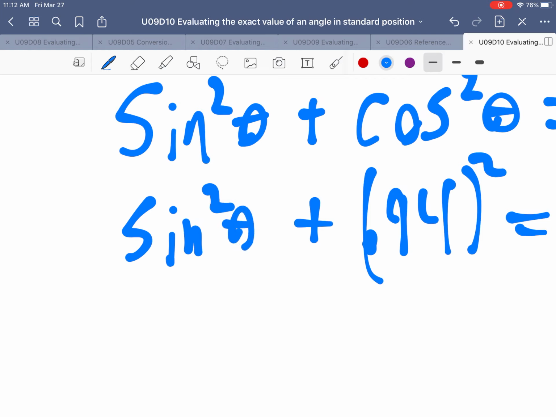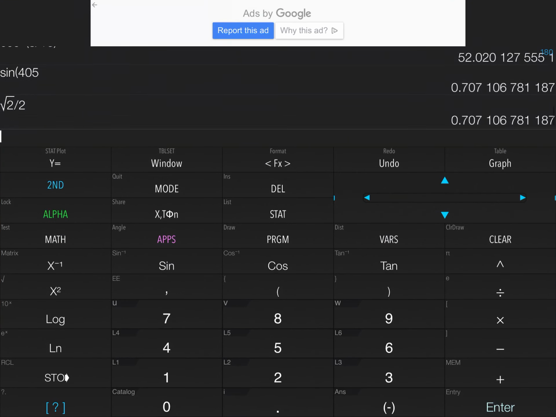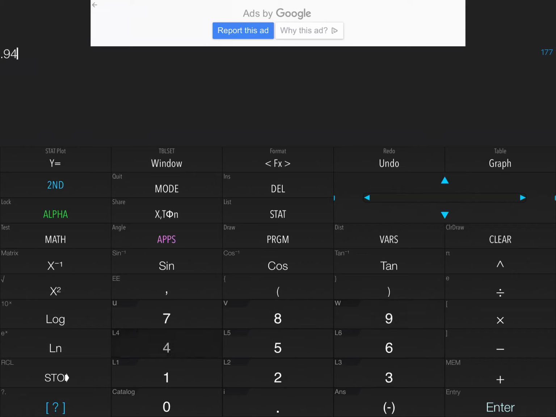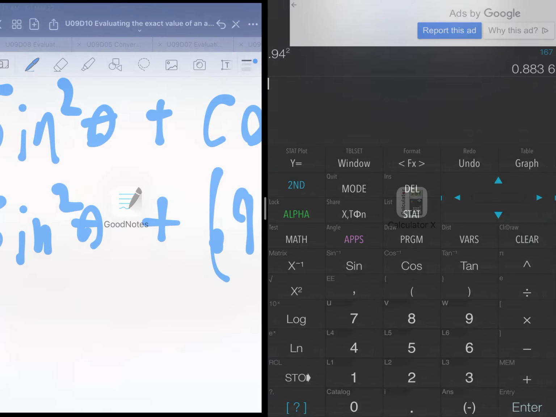Now I'm going to use my calculator to figure out what 0.94 is when squared. 0.94 squared is equal to 0.8836. So let's go back to the assignment here.